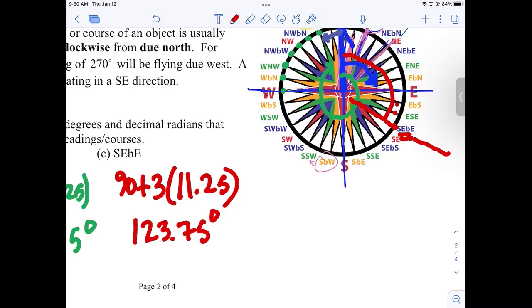So from due north, you know you're going 90 full degrees to get to due east, plus 1, 2, 3 rose points, and that's going to be 3 times 11.25. You type it in, you get 123.75. So again, ships usually do bearings, planes usually do headings, but it's really the same thing.